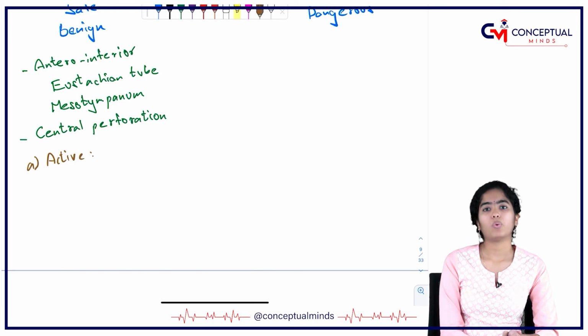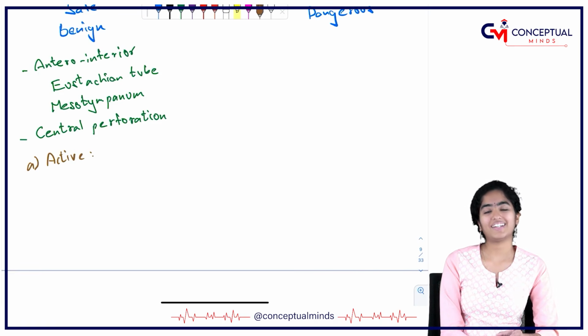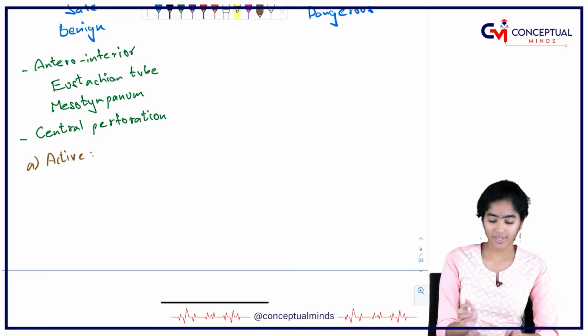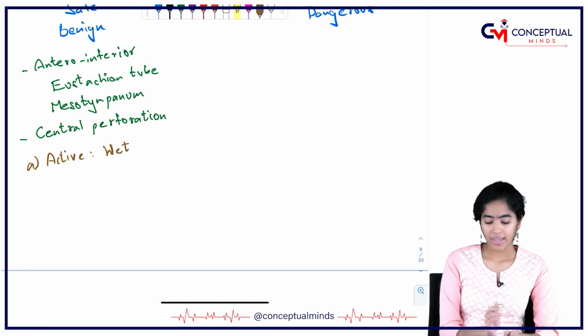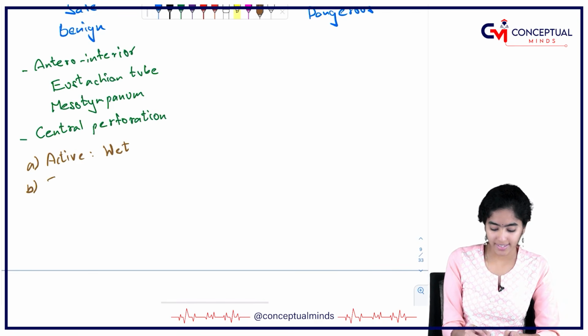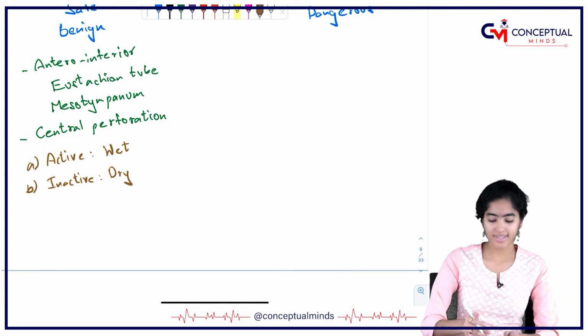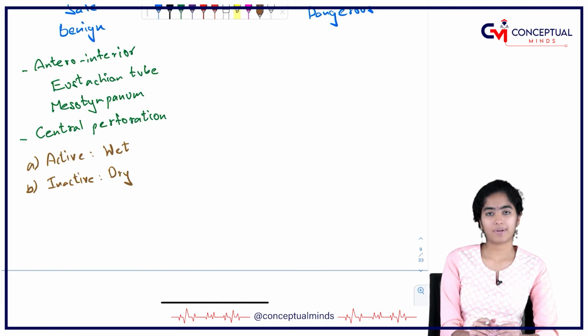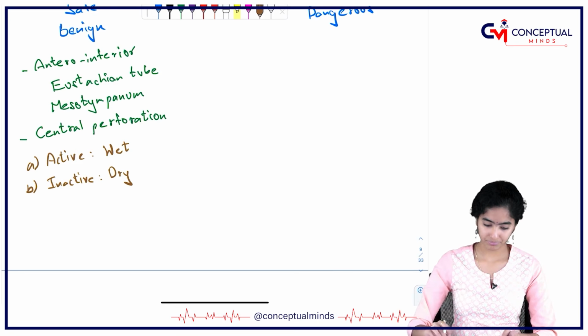Active disease, where there is inflammation of the mucosa and mucopurulent discharge is present, we call a wet type of CSOM. And the second variety is inactive or dry type, where there is no inflammation and no mucopurulent discharge. So these are the two subtypes that are present in tubotympanic type of CSOM.